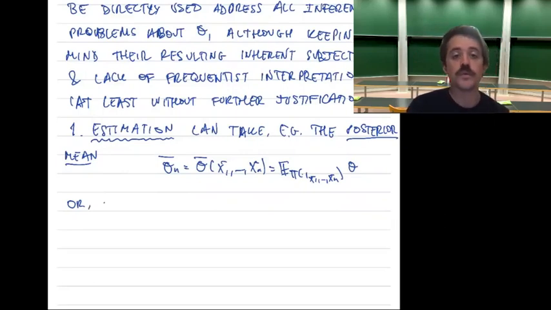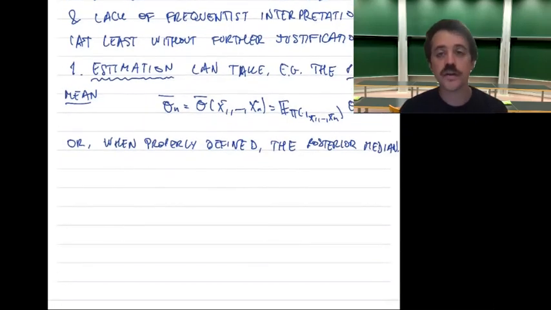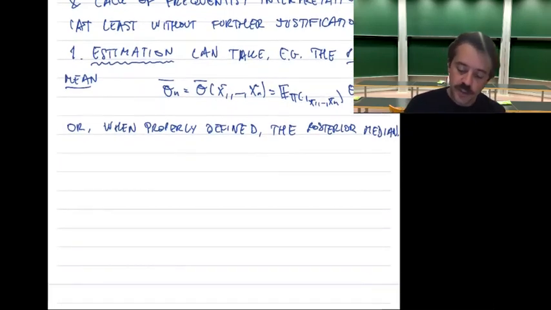When properly defined, we can also take the posterior mode, or the median, or any of these. The median is a bit more standard.